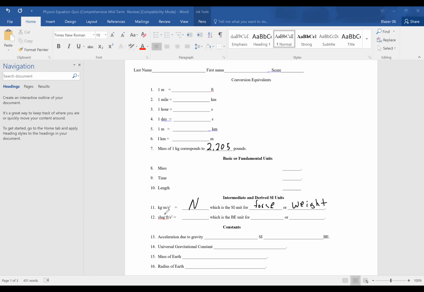Then we learned that a slug foot per second squared is called a pound. And this is the British Empire or US customary system unit, also for force and also for weight.